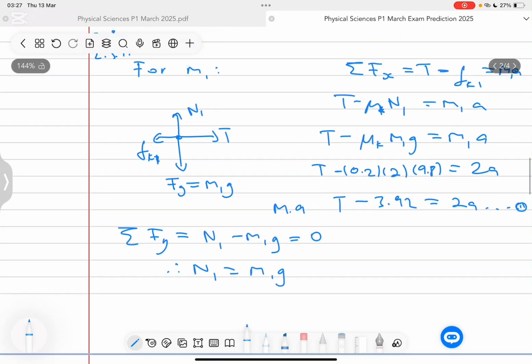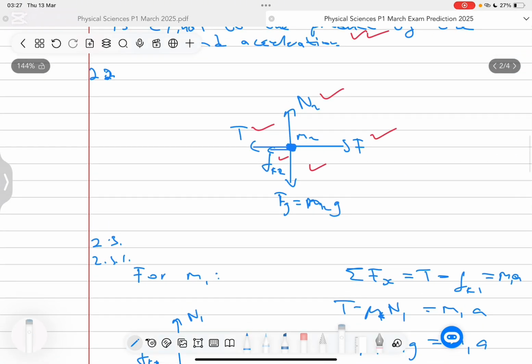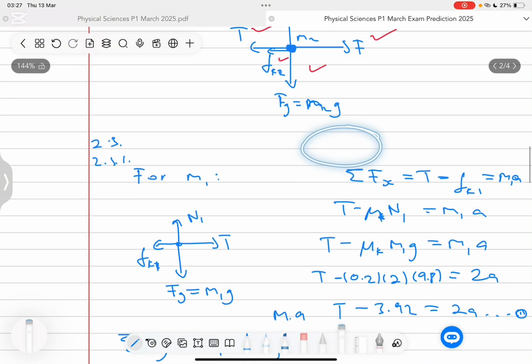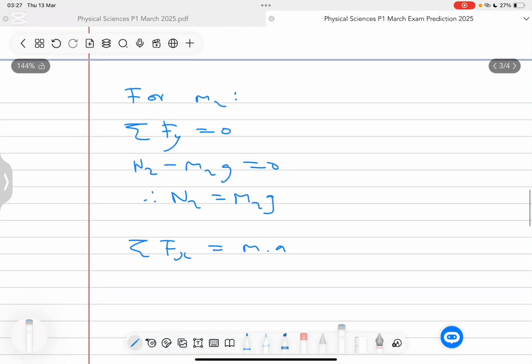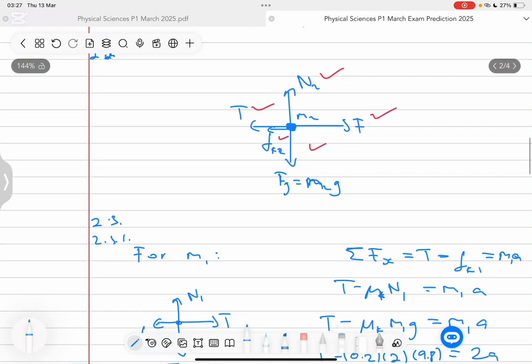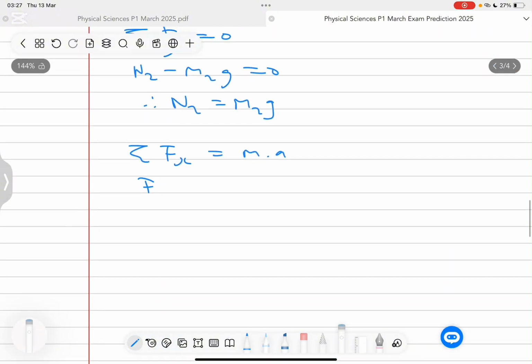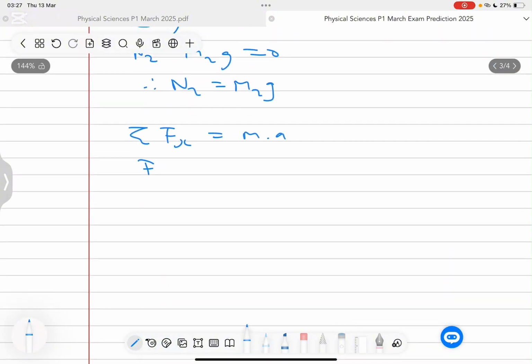In this case, when I look at my free body diagram, I actually have F being positive because it goes in the positive direction, and we subtract both the T and the Fk2 because they go in the negative direction. So I'm going to have F minus T minus Fk2 being equal to, remember, M2A.